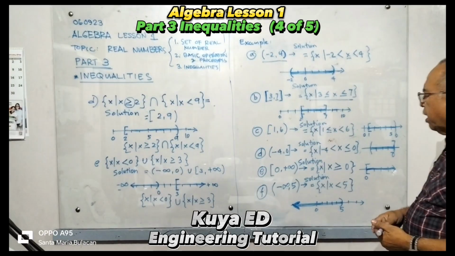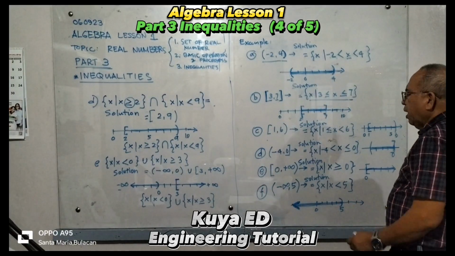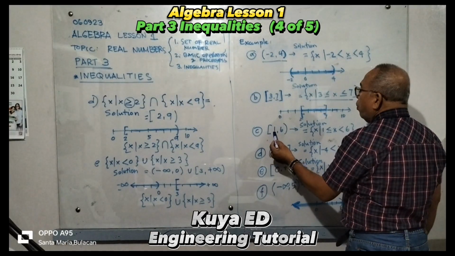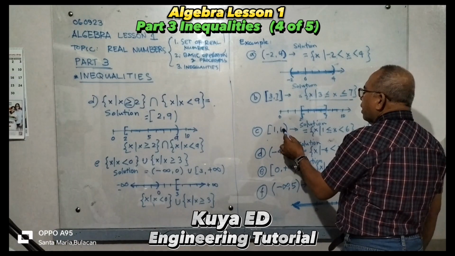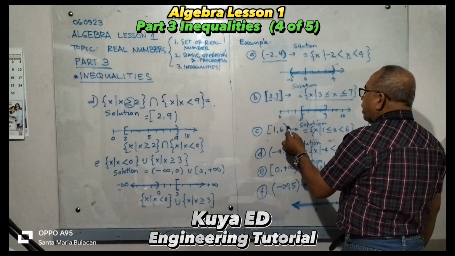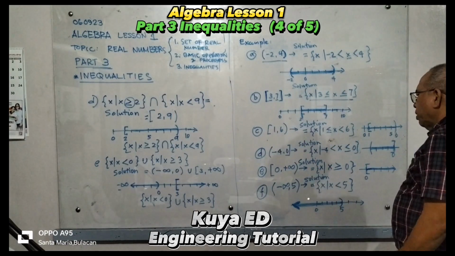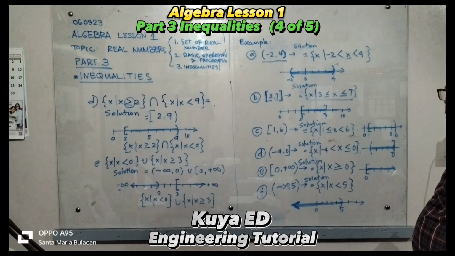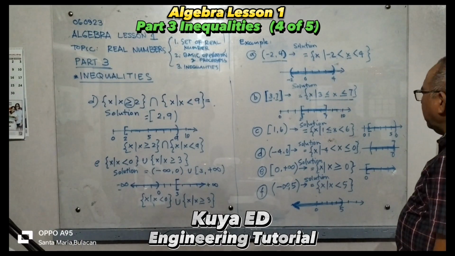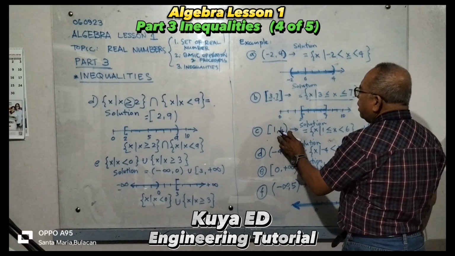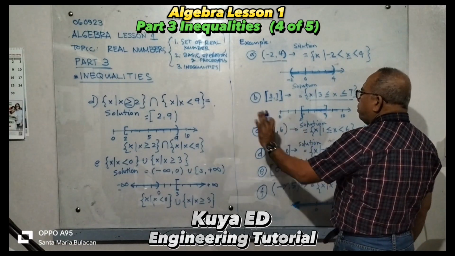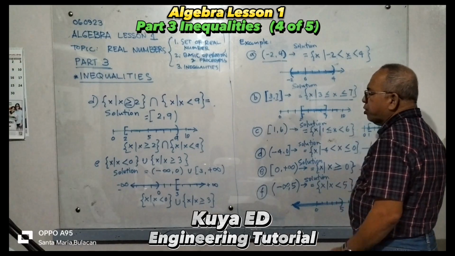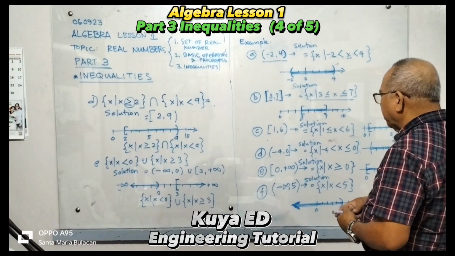Okay, how about letter C? What if bracket 1 and 6 parenthesis? So, if you look at it again, notice that 1 is at the left side, so we will use less than sign.